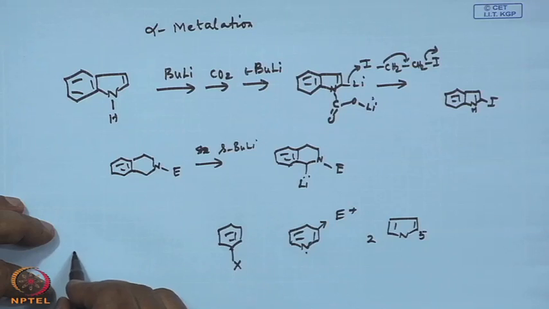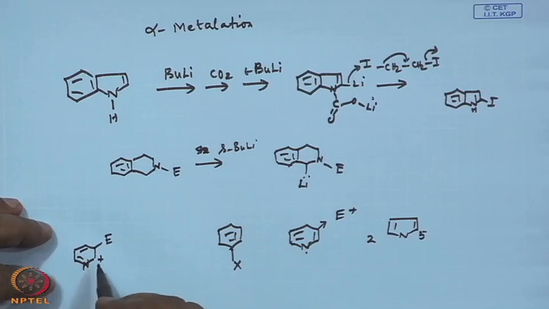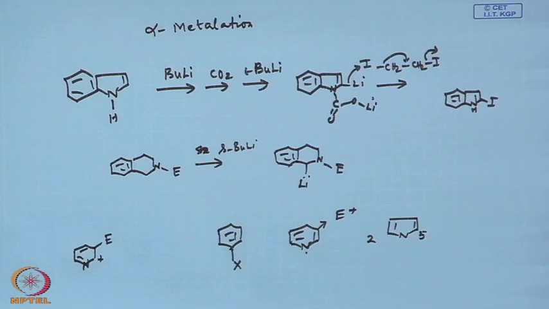And if you have forgotten, what you have to do is write, let us say if you have nitrogen here, the corresponding intermediate with E. So, this should be E and this should be plus now. Now, I have to see whether you can write how many more resonance structures.